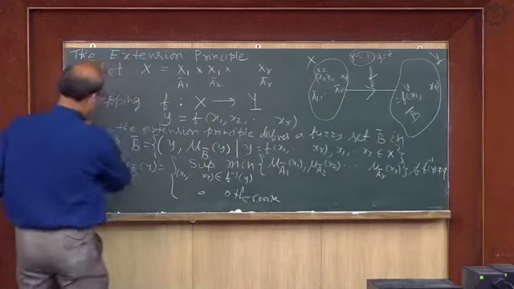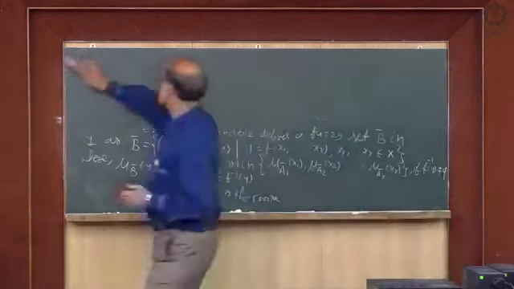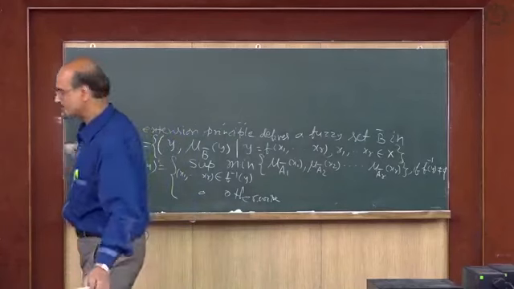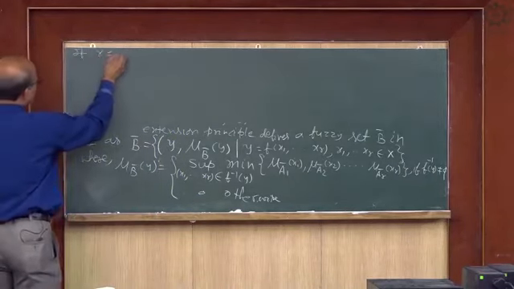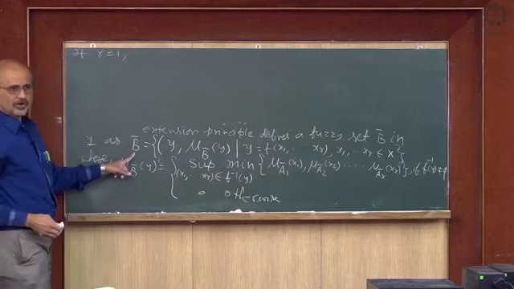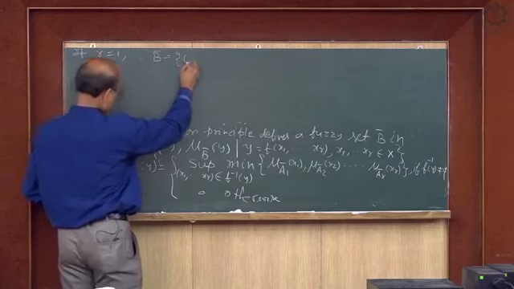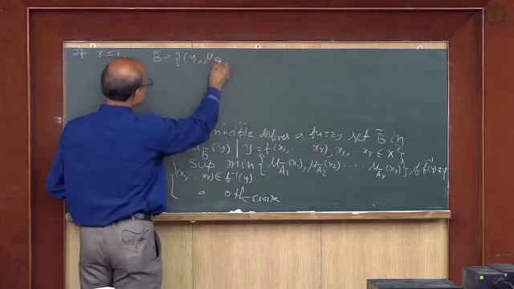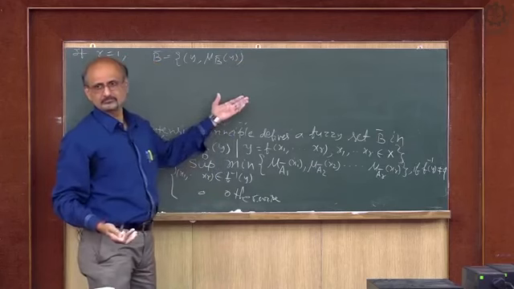So, let us take r equal to 1; I will erase up to here. Let us take r equal to 1 and see what happens. If r equal to 1, we will get B bar as the set of y and mu B bar y, because I have only one fuzzy set A bar.